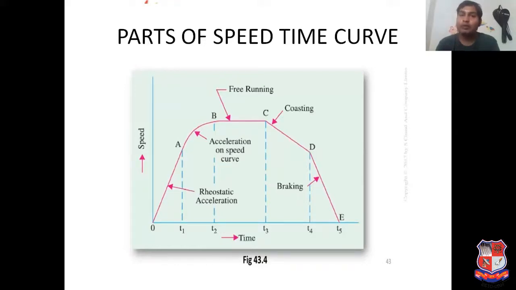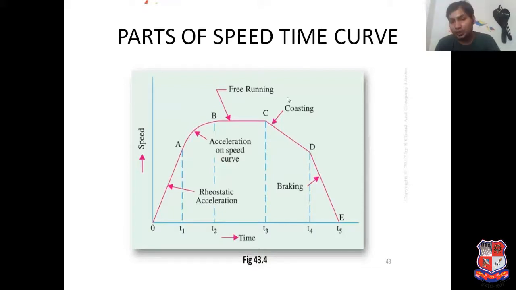And when power supply is cut, because of the frictional forces existing in the form of air, surface friction and various kinds of frictions, the speed will decrease slightly, but not so fast that it will stop suddenly. It will keep on decreasing, but slowly. And after some time, when it is required to stop the train finally, the brake is applied.